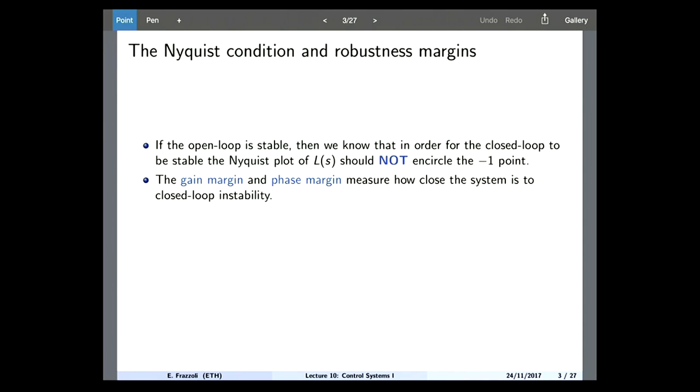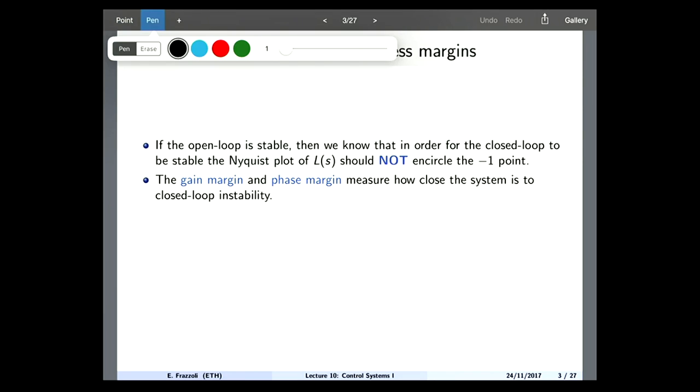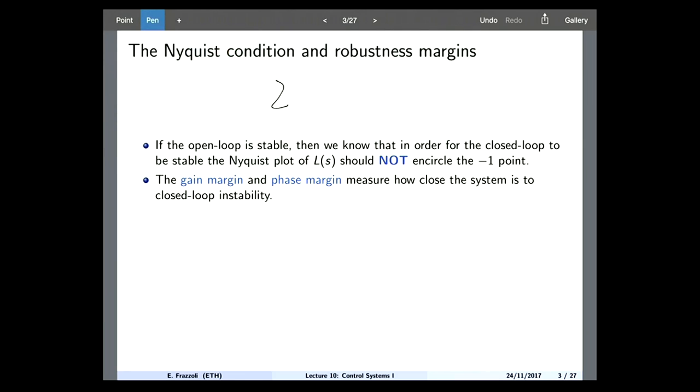Now, before we do that, we need to finish the last 2-3 slides from the last lecture. If you remember, we were talking about Nyquist plots, the Nyquist criterion. What we wrote is Z is equal to N plus P. Z is the number of zeros of the characteristic polynomial in the right half plane, with positive real part. These are the unstable closed loop poles.